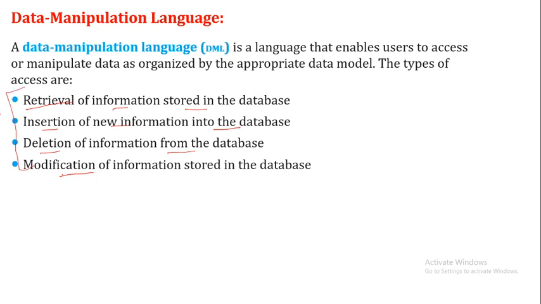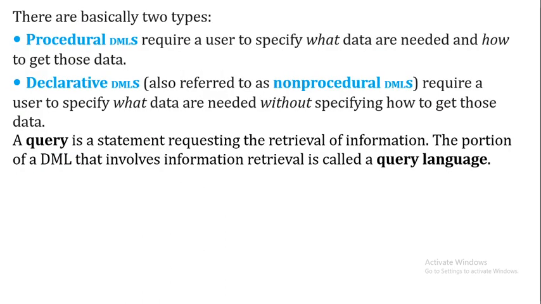Okay, and if we analyze the data manipulation language, it is of two types. It may be procedure oriented or non-procedure oriented. Procedure oriented is very specific. Why? We need to define each and everything clearly in that language. It requires a user to specify what data are needed and how to access those data, and all this has to be explicit.